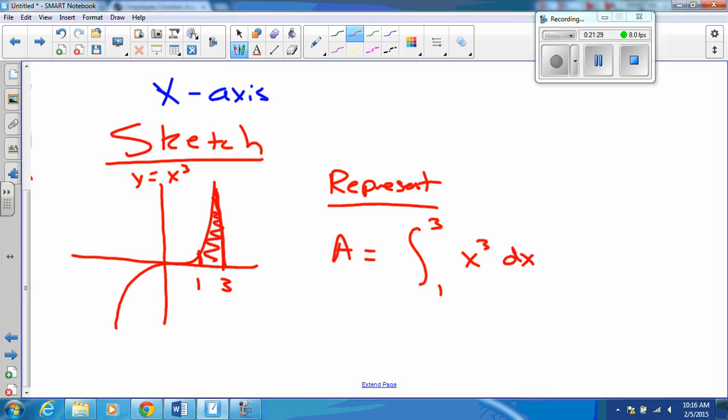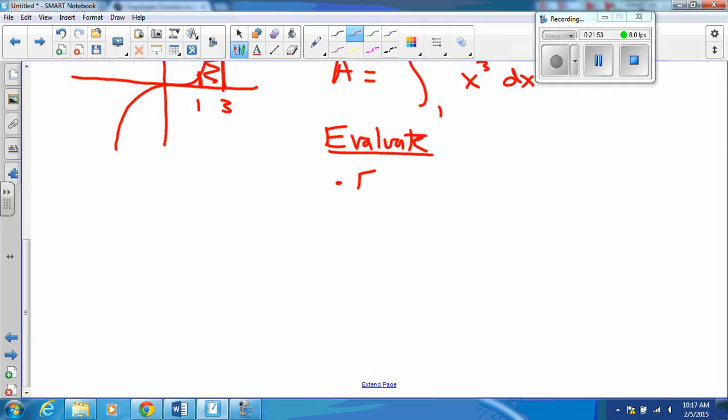So I represent. Now that I've got this represented, now I'm going to evaluate. And when it comes to evaluation, we've got some options. I want to see the options that we have so far, and then we're going to add calculator as our next option.